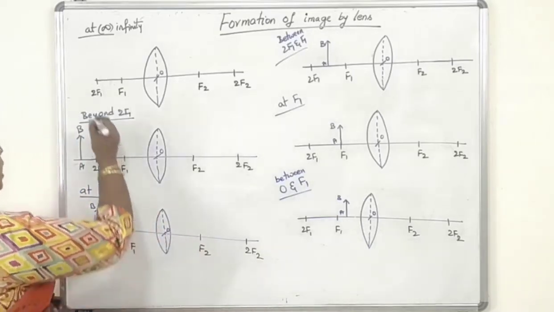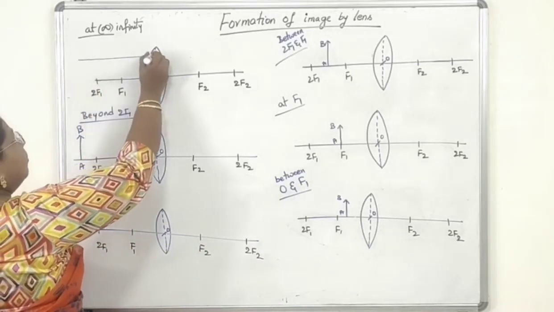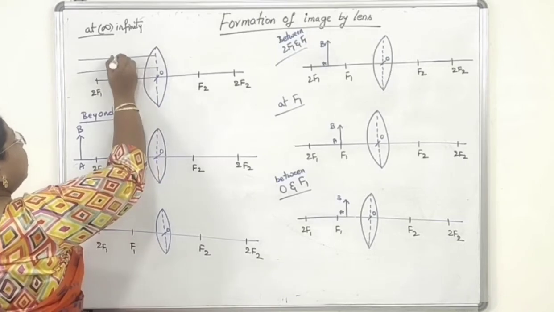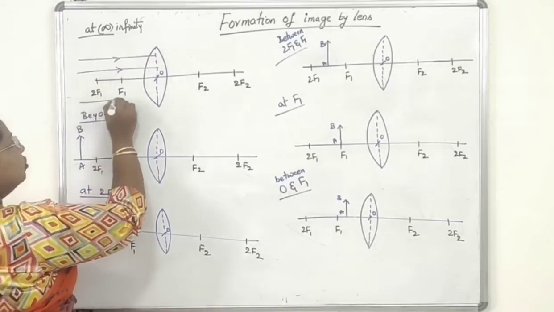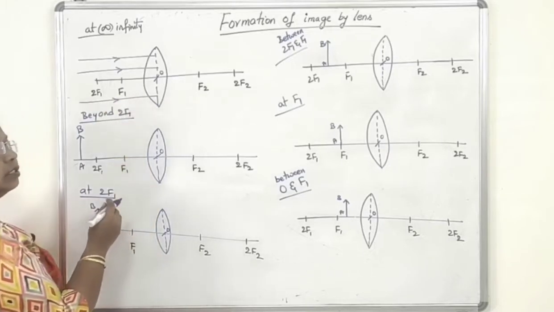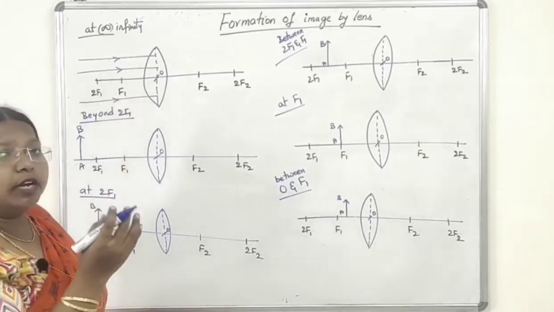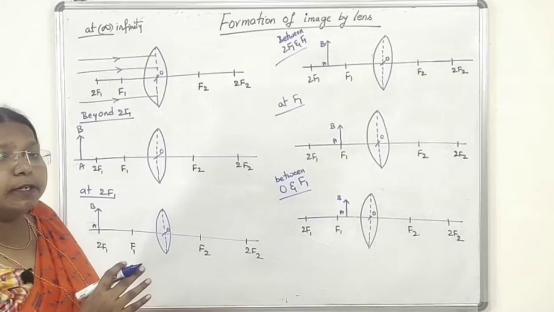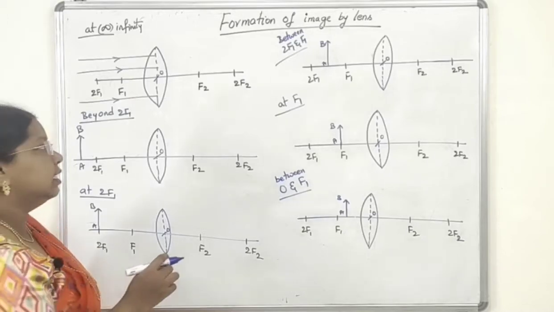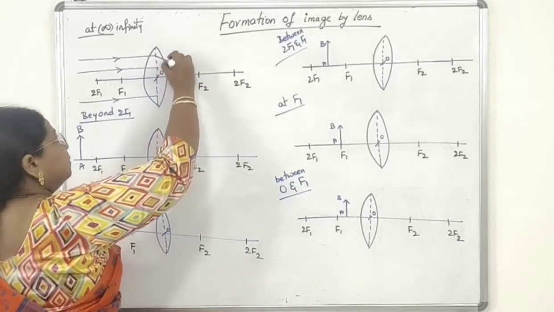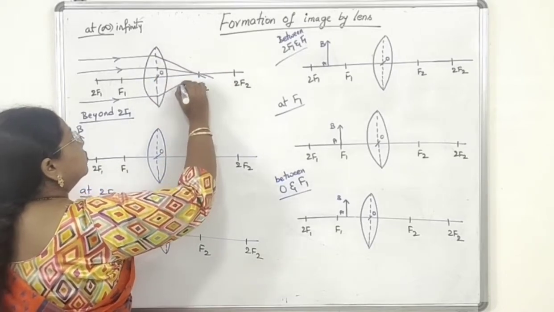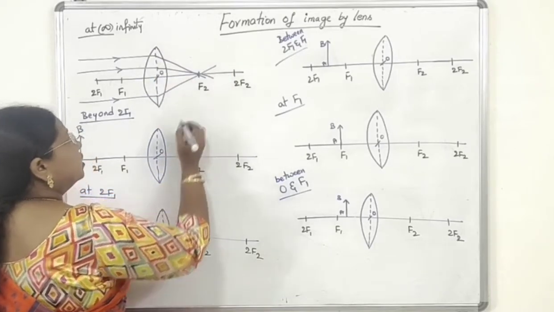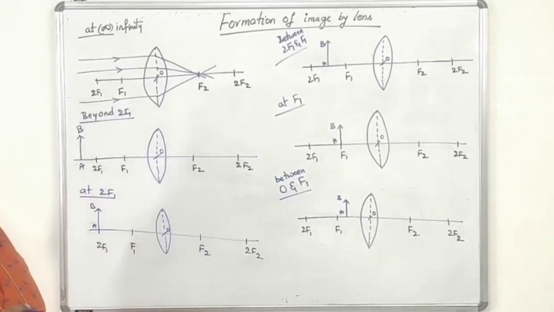So first one, at infinity. From infinity the rays come parallel to the principal axis. You can take only one also, students, no problem. We know that when light rays are parallel to the principal axis in a convex lens, they meet at a point. This point is the point for your image.